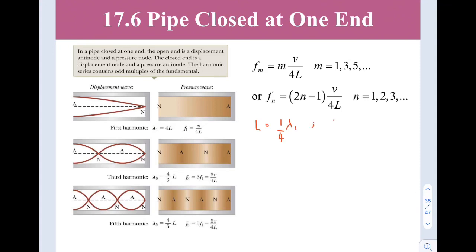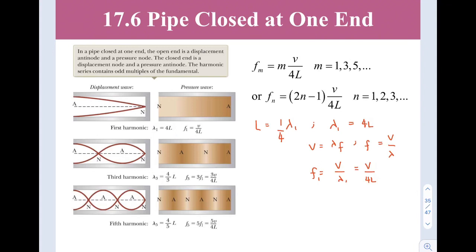So from here, we may rewrite it: lambda 1 equivalent to 4L. From v equivalent to lambda F, we may now rewrite F, as our interest, as equivalent to v over lambda, right? So our F1 here is v over lambda 1, which is v over 4L.